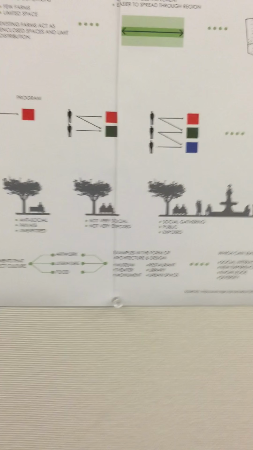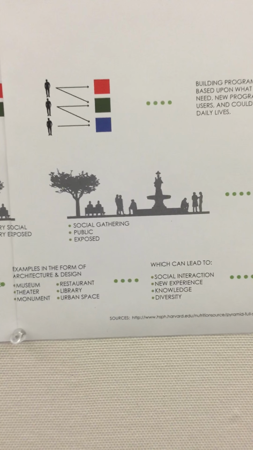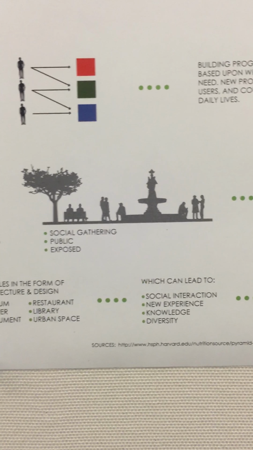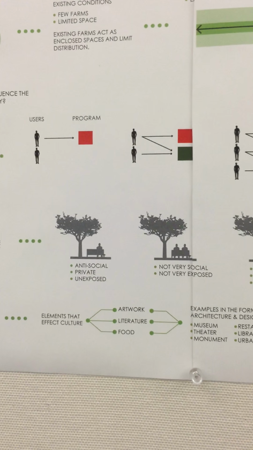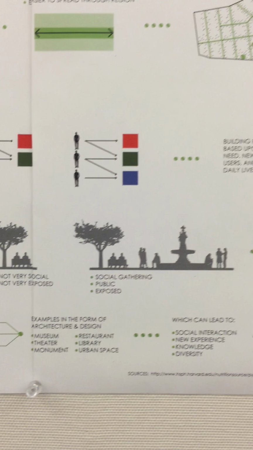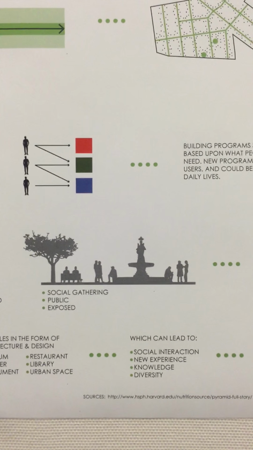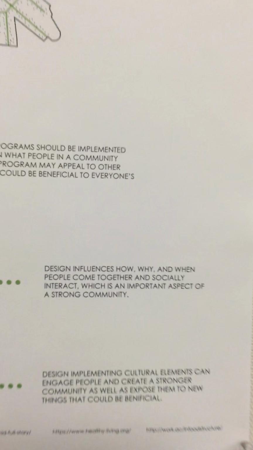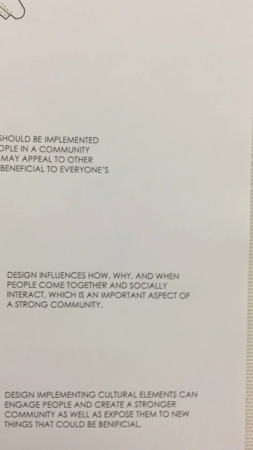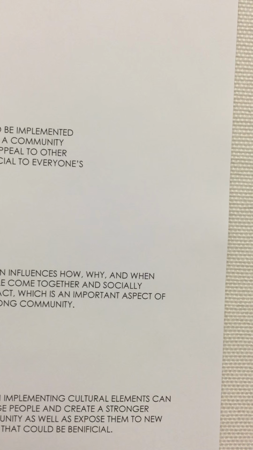Then social interaction: something as simple as a fountain in a park, a little design like that, could affect the social interaction of a space and activate it. That makes it more public and exposed and easier for social gatherings. And so design influences how, why, and when people come together and socially interact, which is an important aspect of a strong community.